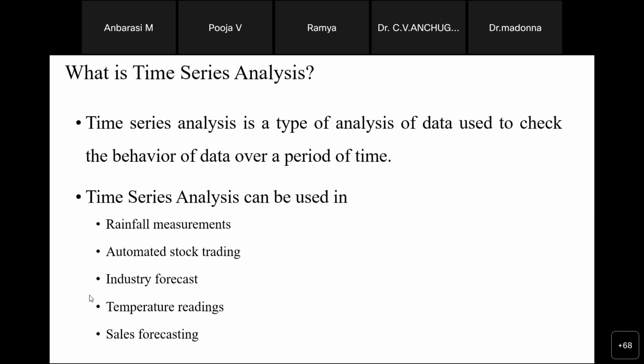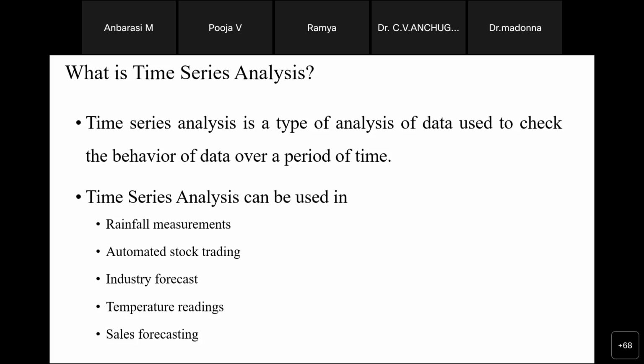Even in industry they use this forecast, because if I want to know, for a particular product or region, what the overall sales are, based on that they can concentrate on the loss. If it is a profit, well and good.